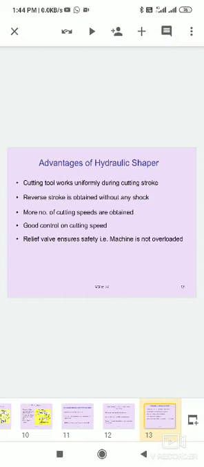The stroke length can be varied quickly without stopping the machine. An infinite number of different speeds are available and the speeds are easily controlled. More strokes per minute can be obtained at a given cutting speed. The relief valve ensures safety and prevents damage to the machine when the cutting tool is overloaded.